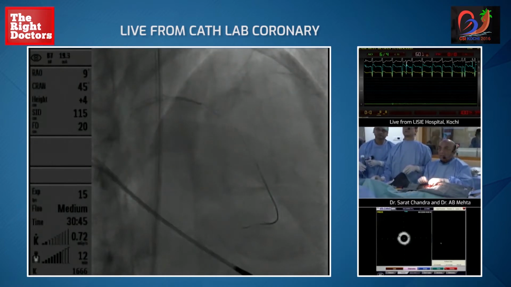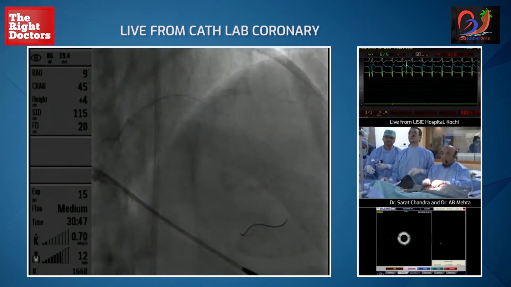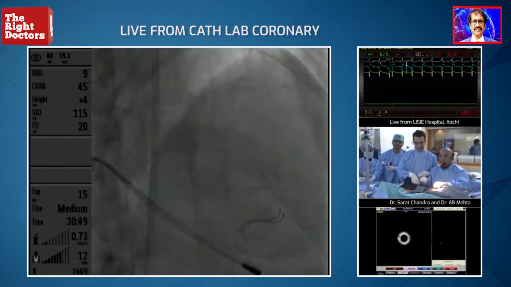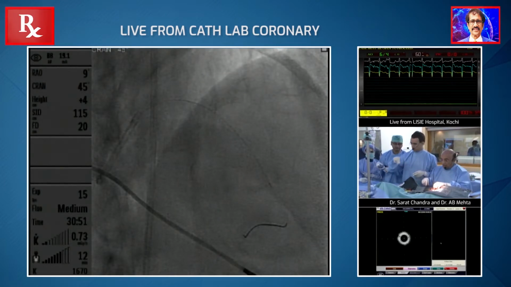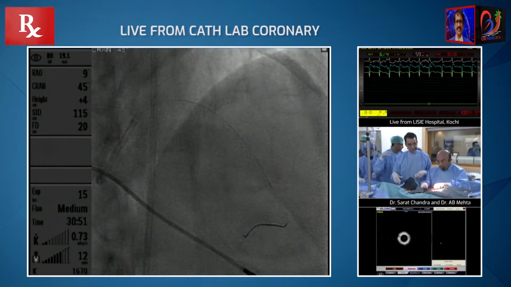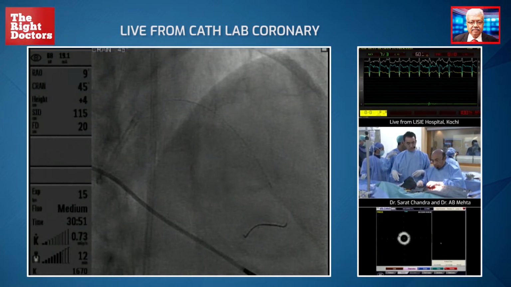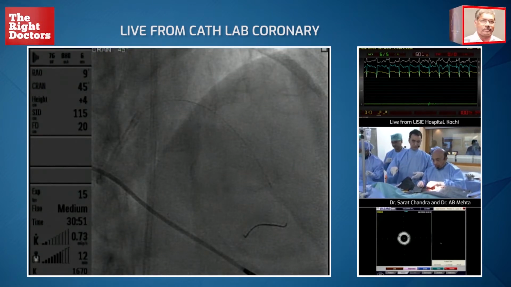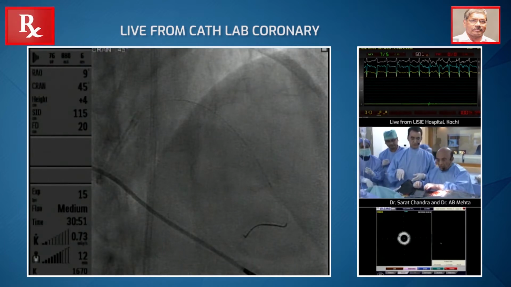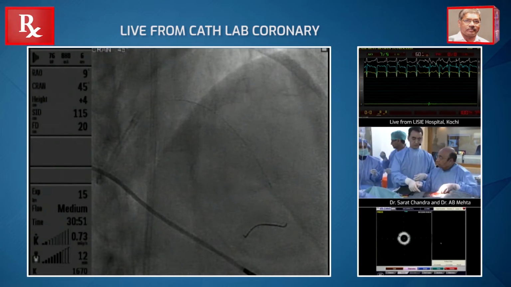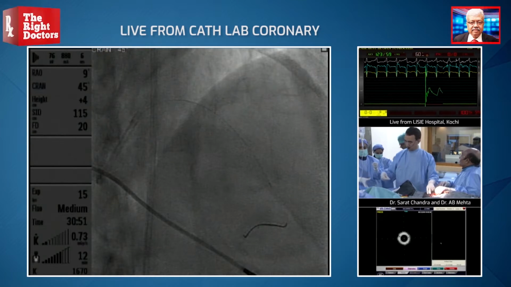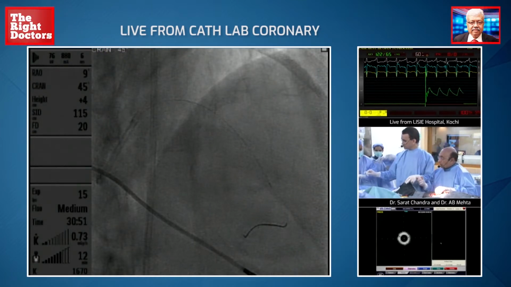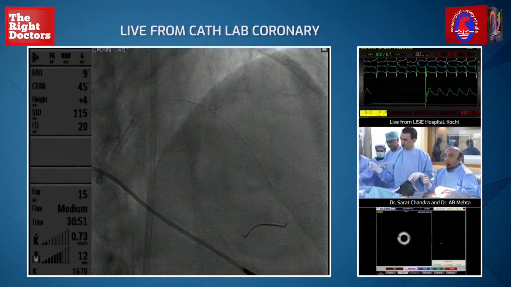So you're going to go to that camera, are you? Yeah. Balloon dilatation. You have balloon. Yeah, 3 balloon. Yes, give it. 3 balloon.